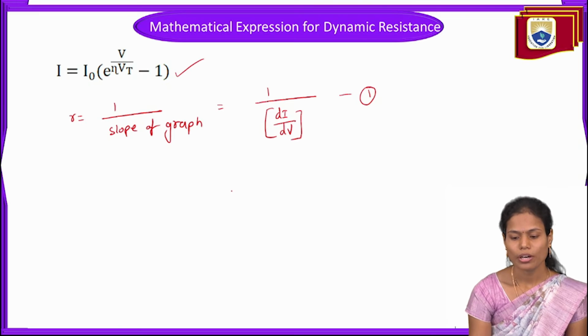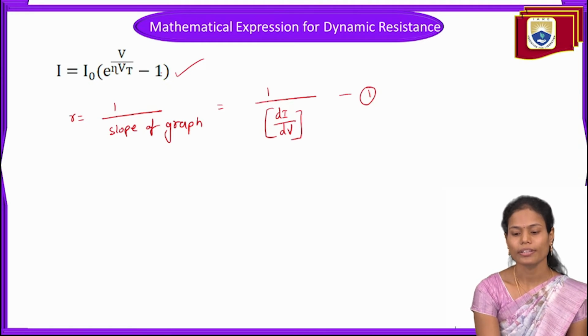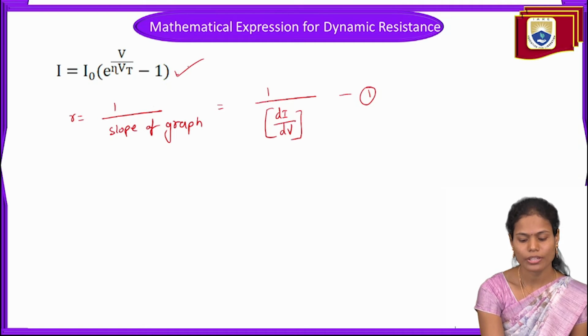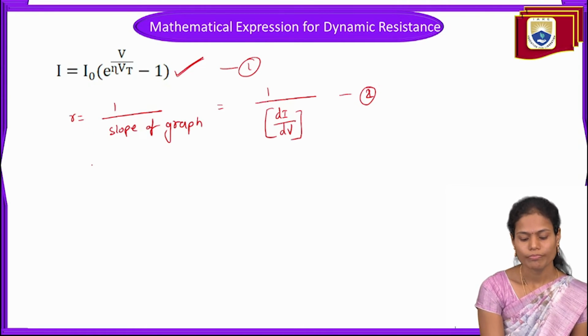Okay, so now from the current equation we have taken already, I equal to I naught into e power V by eta Vt minus 1. Take this one as equation 1 and this as 2.